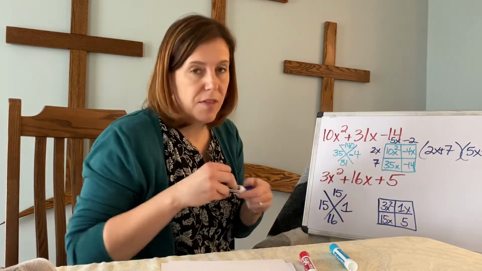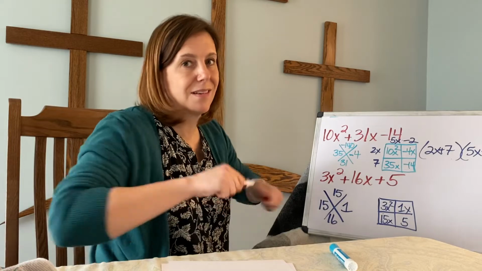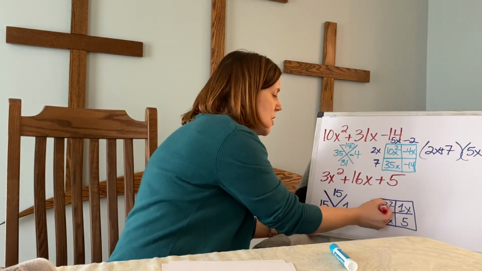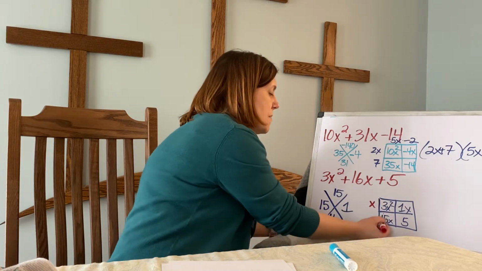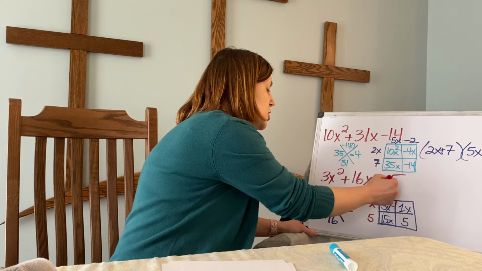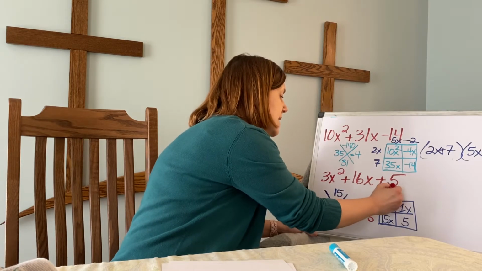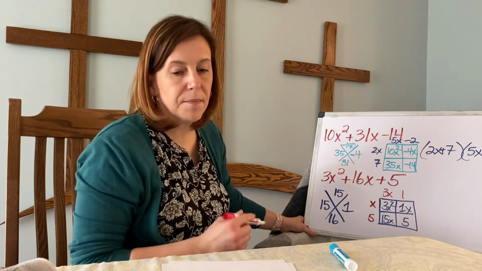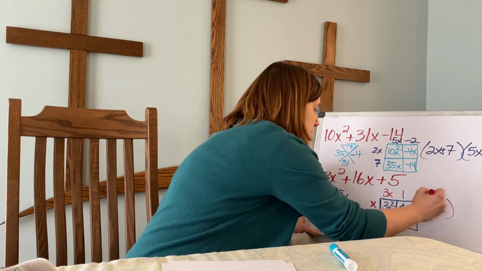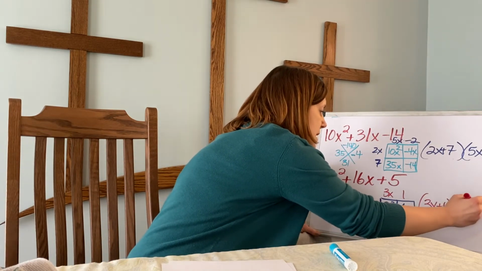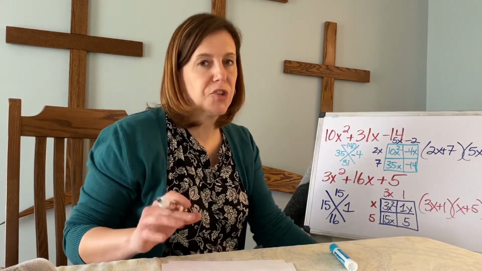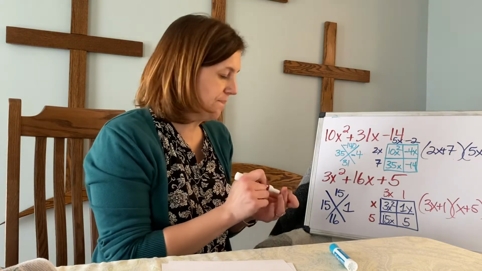Now it's time to take the greatest common factor. Of my first row, I can take an x. Of my bottom row, I can take a 5. In my first column, I can take a 3x and a 1. So if I write these out as binomials, 3x plus 1 and x plus 5, which again, I would confirm is the correct answer by FOILing mentally.